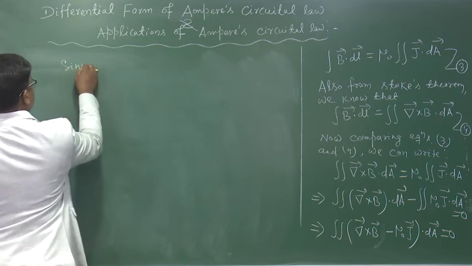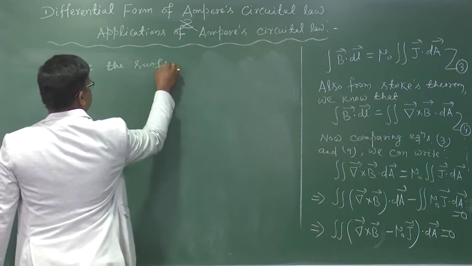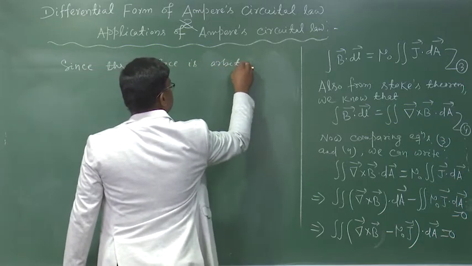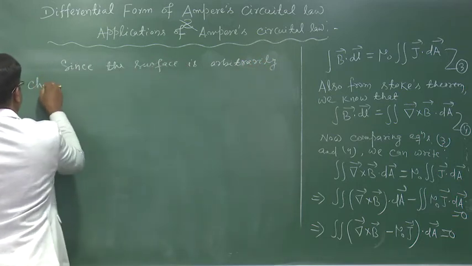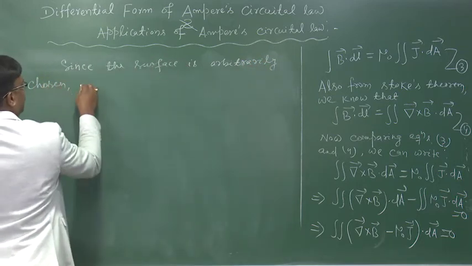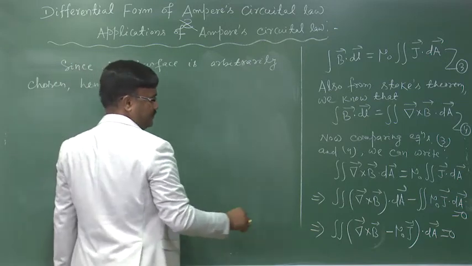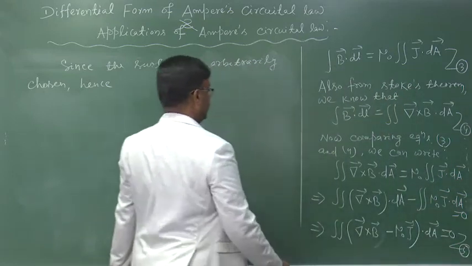Since the surface is arbitrarily chosen, this is equation 5.